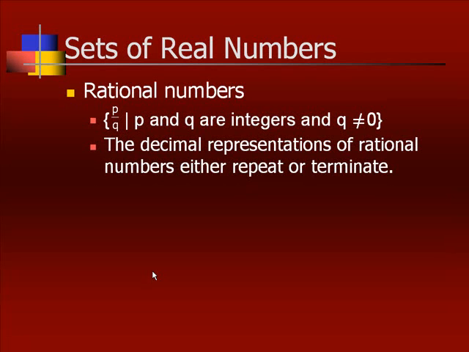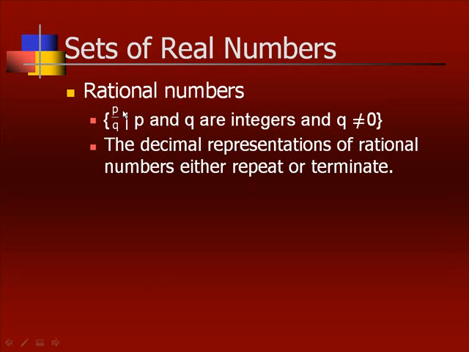You also have the rational numbers. Now, rational numbers, the definition is the set of all P over Q, where P and Q are integers and Q does not equal 0. What that means is it's the set of all numbers that can be written as a fraction. This P over Q is any fraction.